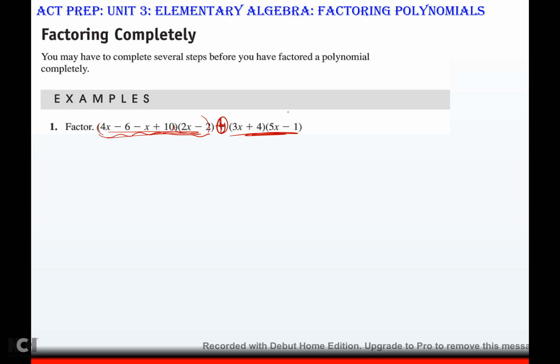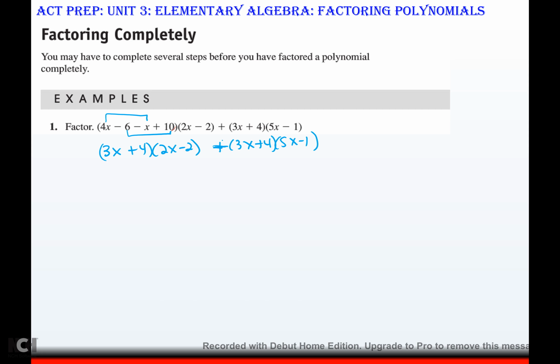And right now, none of it matches. But if I look at this first set of parentheses, always check to see if there's any PEMDAS you can do first. I notice I can combine x's, which gives me 3x, and I can combine constants, which gives me positive 4, times 2x minus 2, plus 3x plus 4 times 5x minus 1.